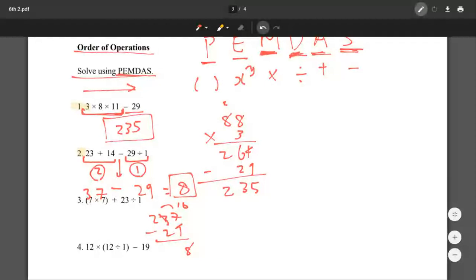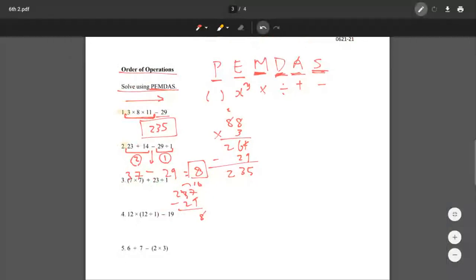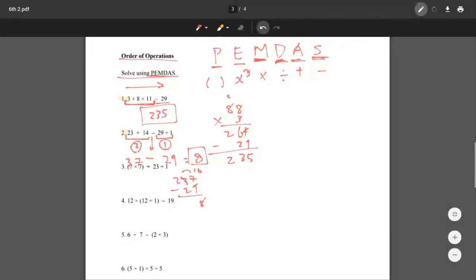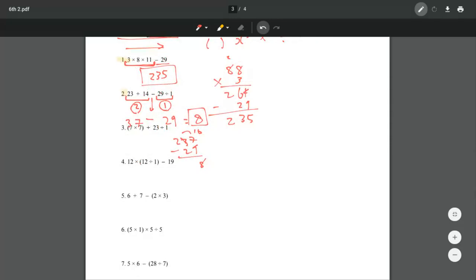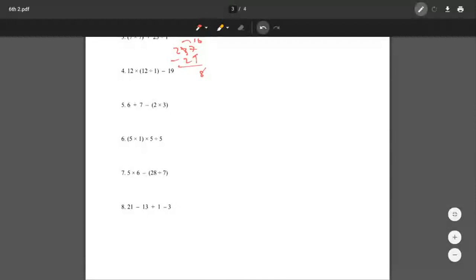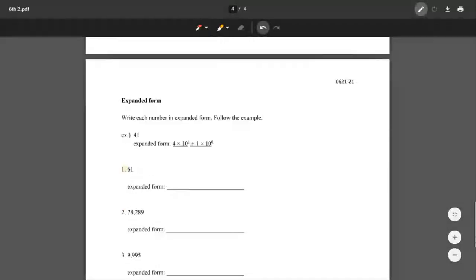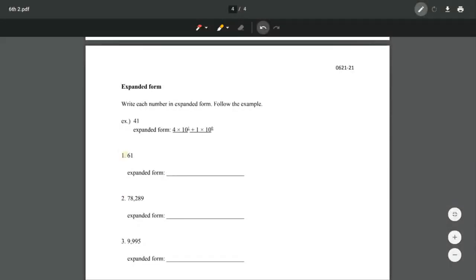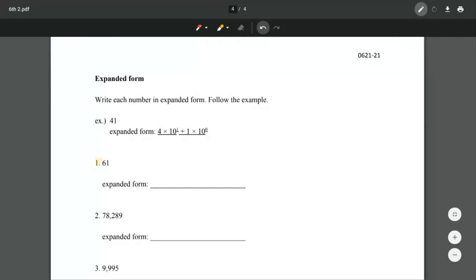So there we have it. So follow the order of operations, use PEMDAS, and finish the rest. And then let's move on to our last page.